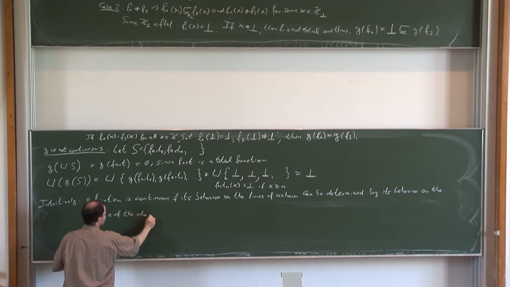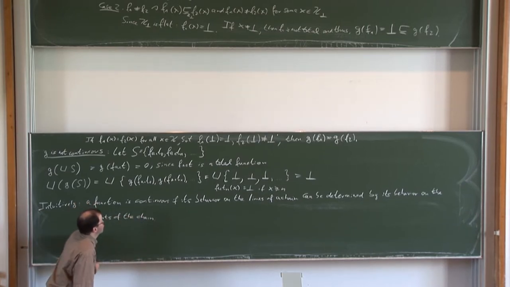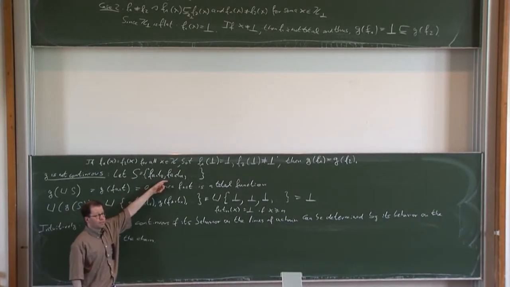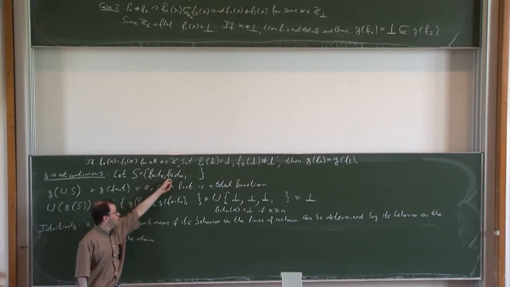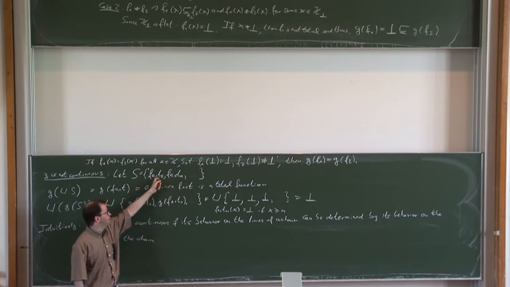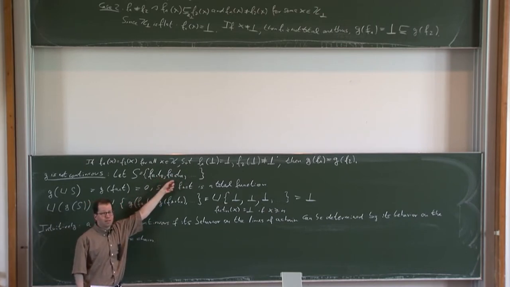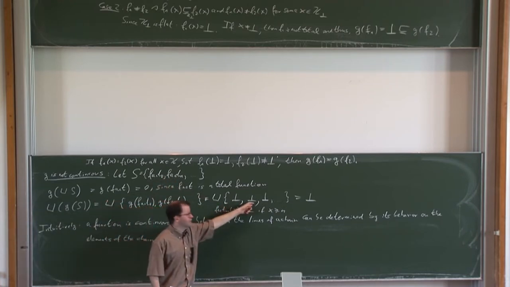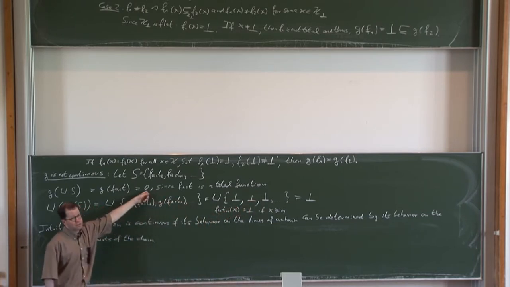And here this is not true, because if we want to find out how G behaves on the limes of this chain, we can look at all these elements of the chain and find out how G behaves on these elements in here, but this doesn't help us. Because on these elements in here, G behaves like this. It gives us bottom. But from this, we cannot find out that on the limes of this chain, it would give us 0.